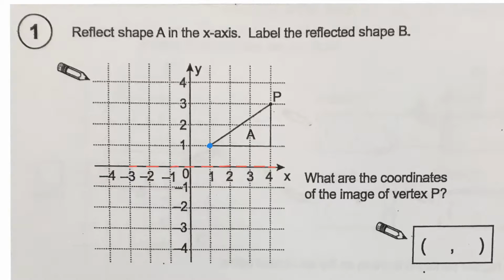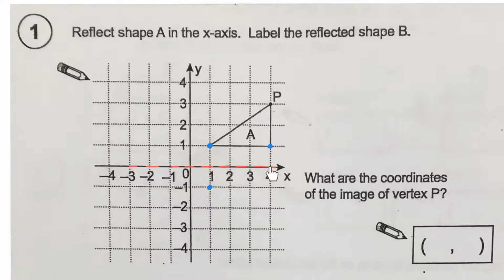Then you need to see from the mirror line, how many spaces up is that point? It is 1 up, therefore the reflection will be 1 down, so it's here. Pick another point, this corner here.